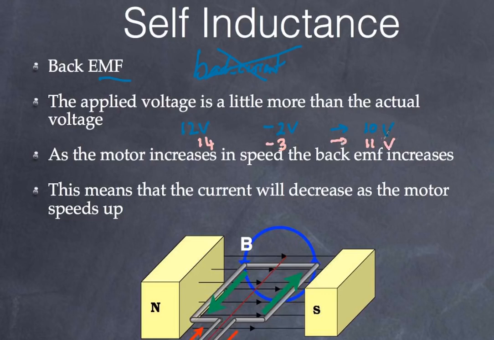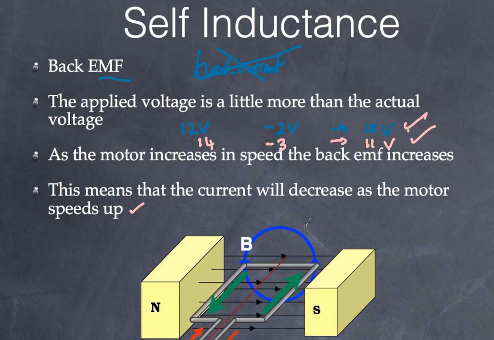So yes, you make it go faster, but it's not as great an increase as what you put in over here. The current will decrease as the motor speeds up. What does that mean? The current is determined by this net value over here. That's really important. So as a result, the current decreases.